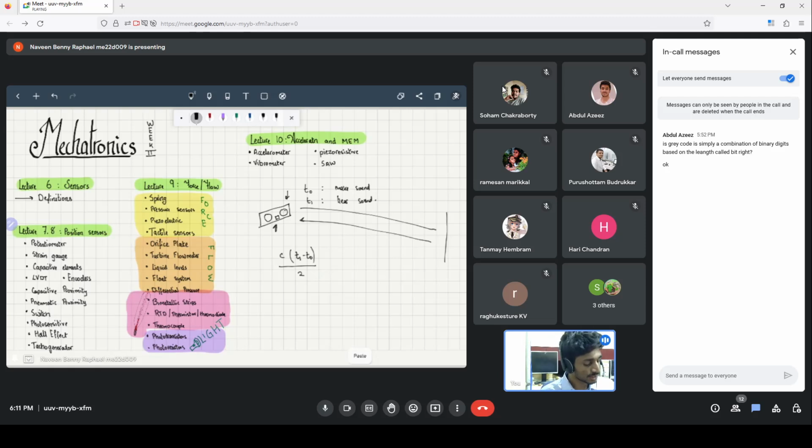Yeah, and certain things which are important about ultrasonic sensors are, if the wall is too close, then T1 and T0 will be so close to each other that the resolution will be too less, and this is where the bit thing comes again.